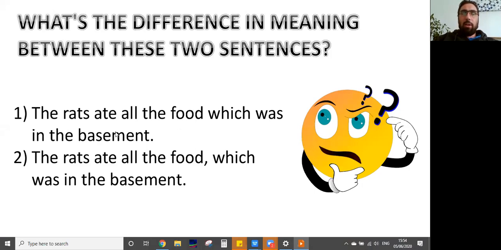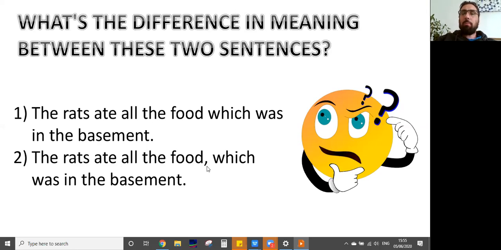So we have: the rats ate all the food which was in the basement. And: the rats ate all the food, which was in the basement, and this one has a comma. So we have a defining relative clause and a non-defining relative clause. Very quickly in the chat section, can you all type the differences between the two in meaning?